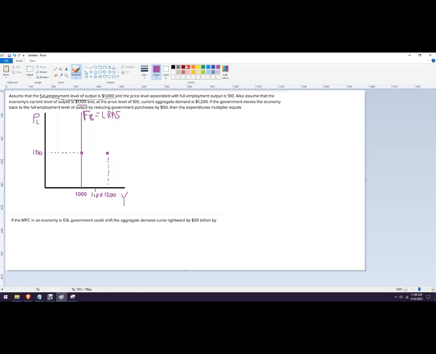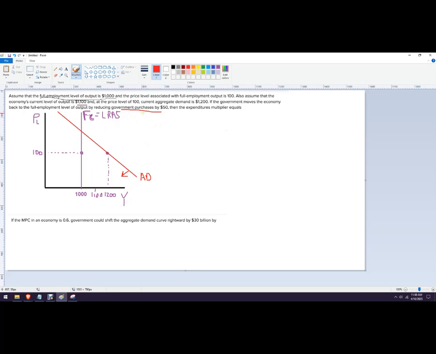So that means that aggregate demand is currently right there, and we want aggregate demand to shift to the left. In this case, we're going to do this by decreasing government purchases. This is aggregate demand.